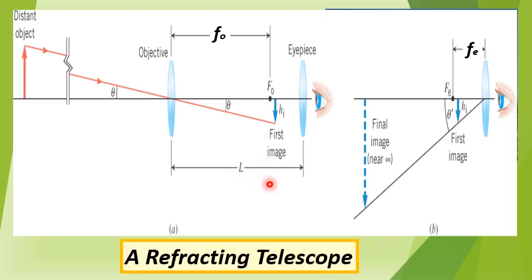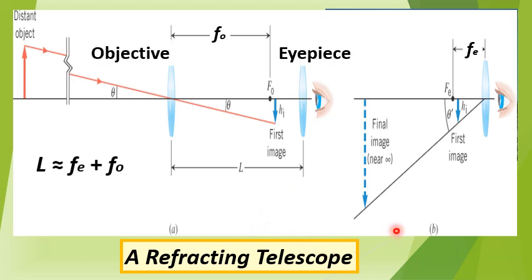For the next optical instrument, we have a refracting telescope. Basically, it consists of two converging lenses, the eyepiece and the objective.